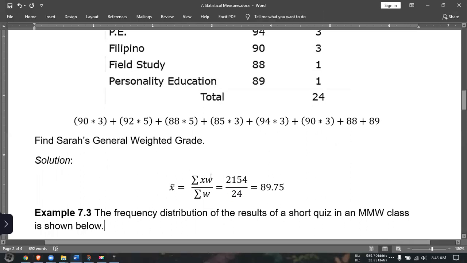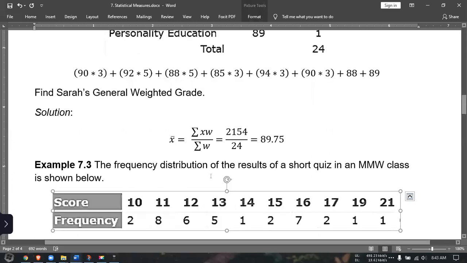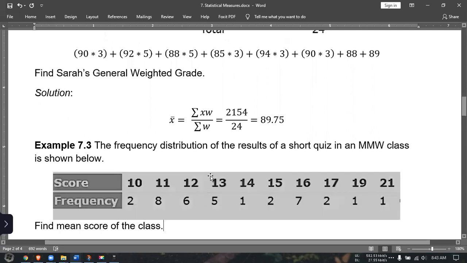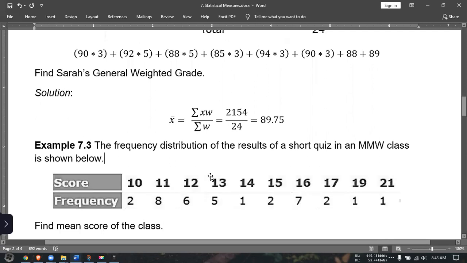Another example: the frequency distribution table of the results of a short quiz in the math class is shown below. Here are your scores and the frequency. Meaning to say, 2 students got 10, 8 students got 11, 6 students got 12, 5 students got 13, 1 student got 14, and so on.